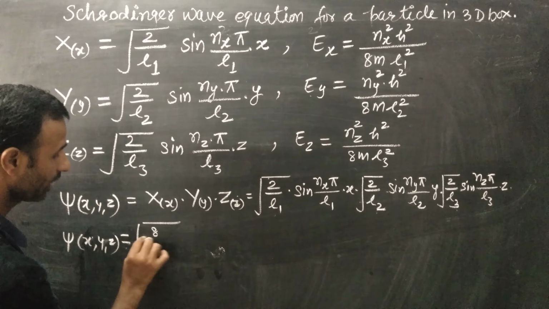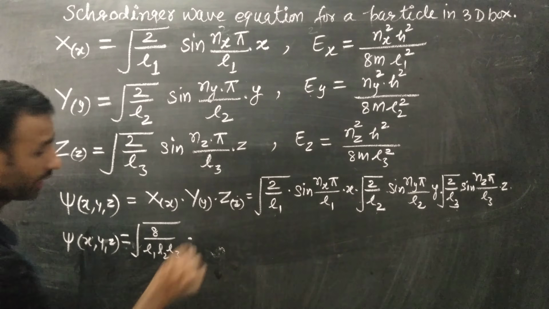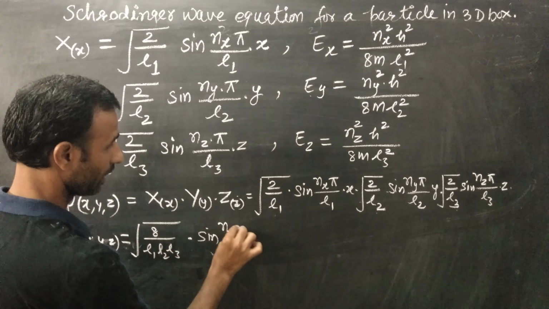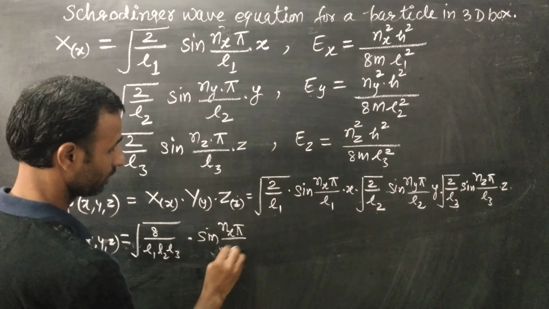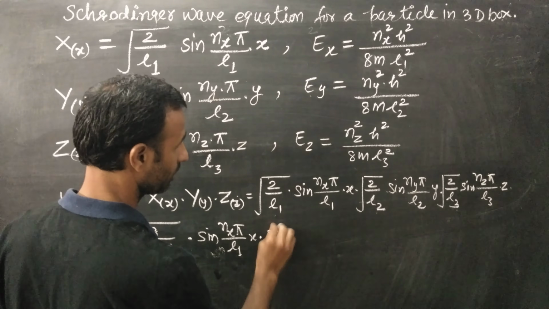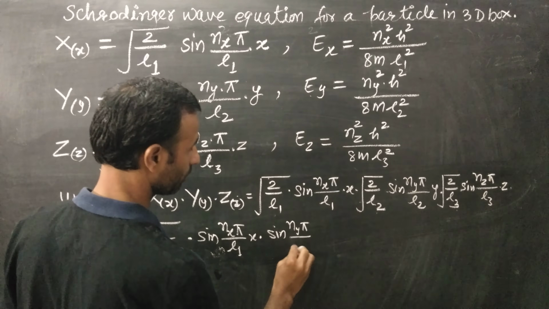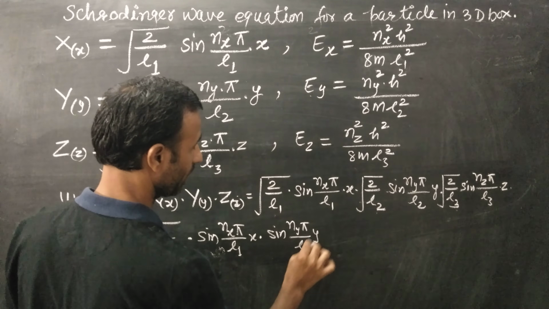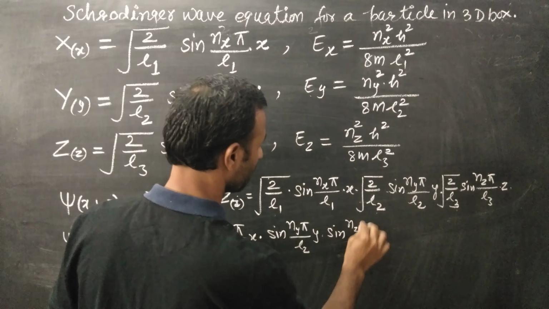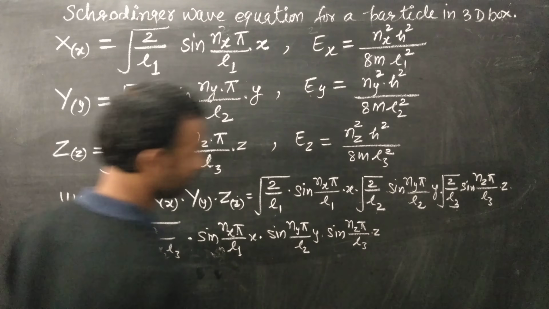So it becomes 8 upon L1 L2 L3 multiplied by sine n_x pi over L1 x, sine n_y pi upon L2 y into sine n_z pi upon L3 z, right?